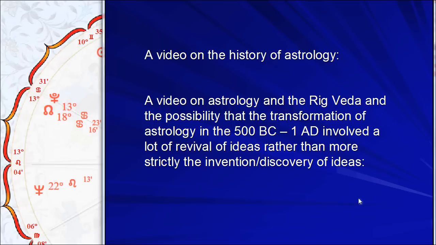It's not that critically important for this whole discussion, but what is important is the first video on the history of astrology. If you want to pursue this topic of sidereal versus tropical astrology, I think having a sense of the history of astrology, if you haven't been studying it already, I highly recommend this first link to the video on the history of astrology as being helpful.